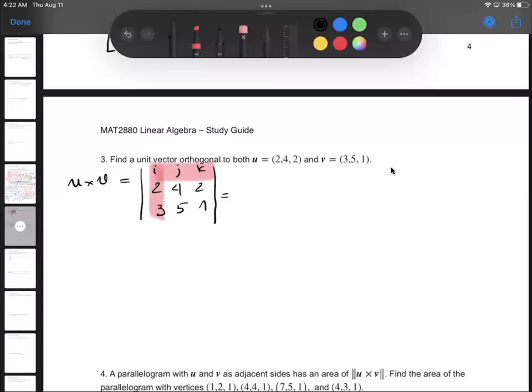Dividing by the length is the same as multiplying by 1 over the length. Simplified, the unit vector is -3 over root 14, 2 over root 14, and -1 over root 14.